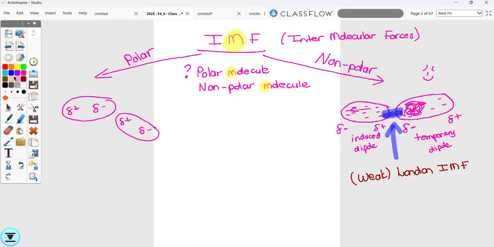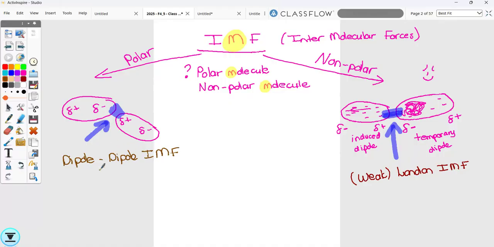So there, in between these two, I have a dipole IMF. And then, so I said you only have one choice, so they're all going to be dipole, but then there's a special one again that needs to scream at you.